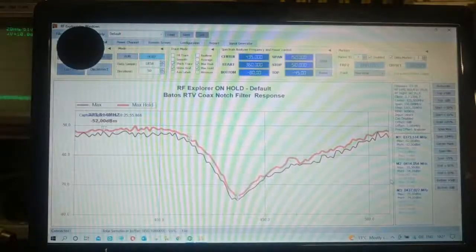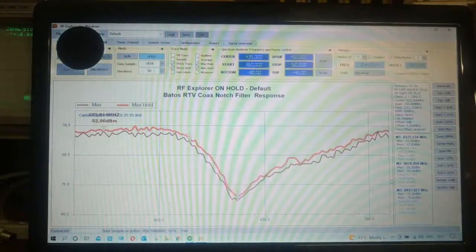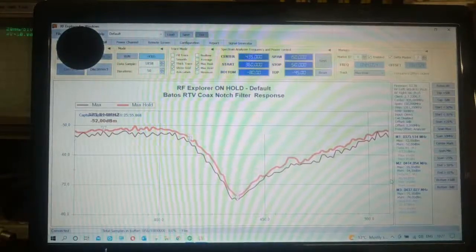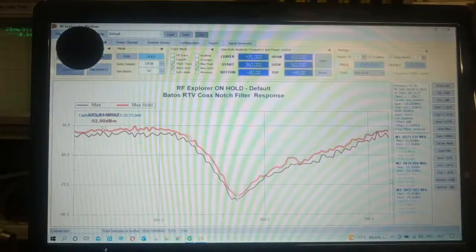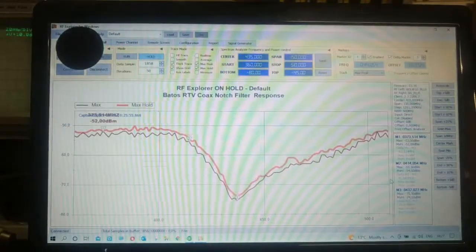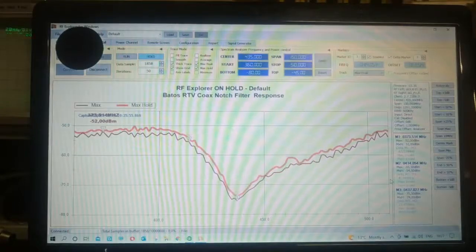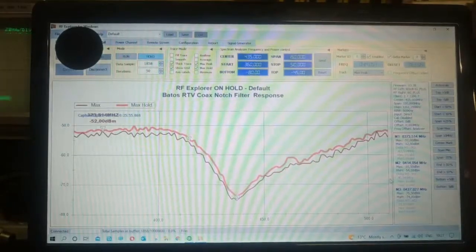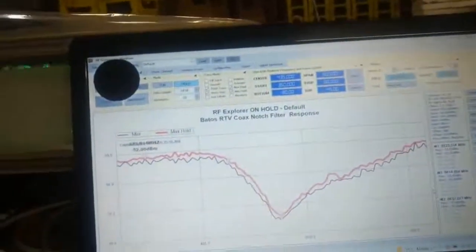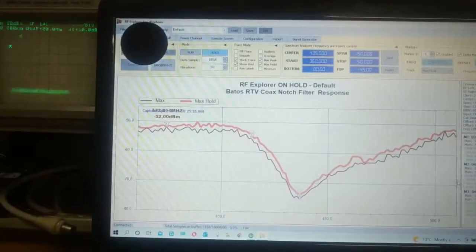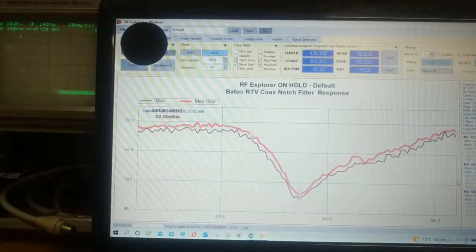So if we say minus 75 dBm minus something like 52, that gives us something like 23 dB basically difference. So this filter is actually attenuating about 23 dB of whatever interfering signal I would like to attenuate.